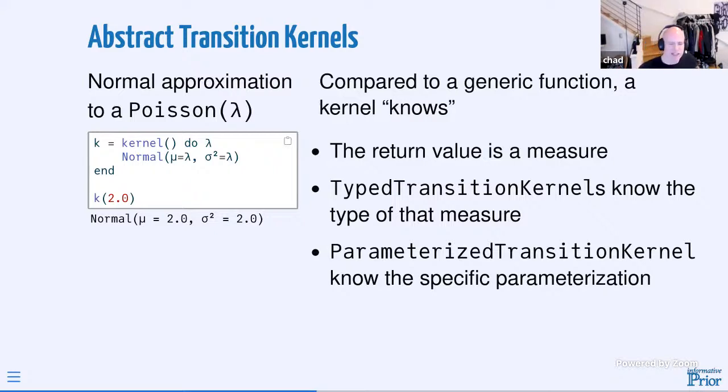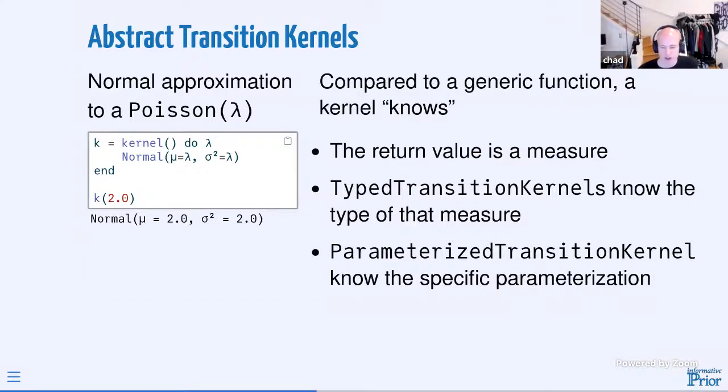So this looks like it's not very different than a function, but there are a couple of things going on here. As opposed to a generic function, making it into a kernel lets it know that the return value is a measure. There are also different kinds of kernels. When I call this, I might get a generic kernel, or a typed transition kernel, or a parameterized transition kernel.